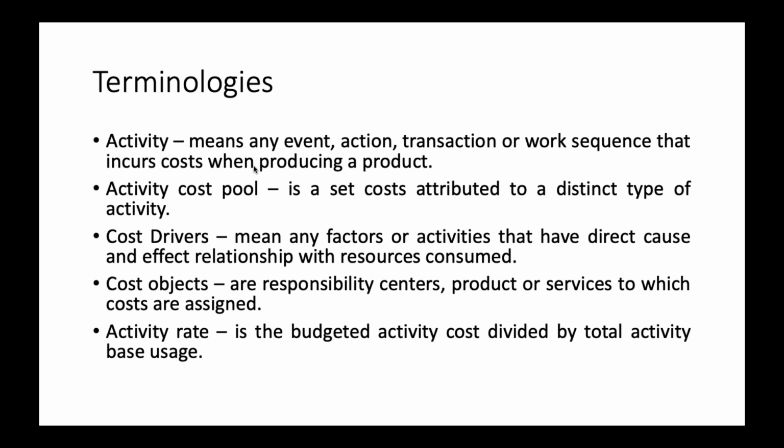Cost drivers means any factor or activity that has a direct cause and effect relationship with resources consumed. Cost objects are responsibility centers, products or services to which costs are assigned. An activity rate is the budgeted activity cost divided by the total activity base usage.